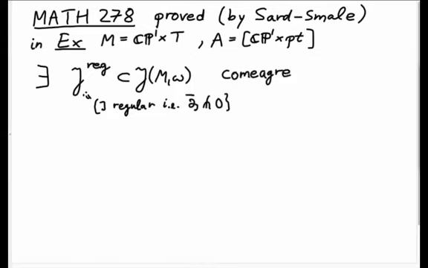In this complete metric space, comeager means it's dense. Once you have a comeager set, one often refers to the points in that set as generic points, because it's almost every point.